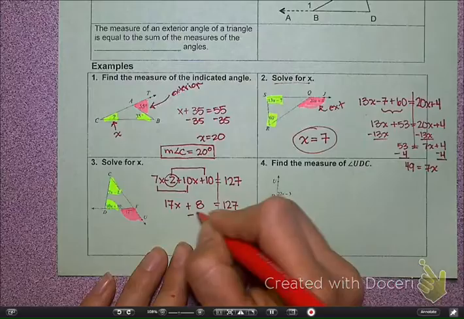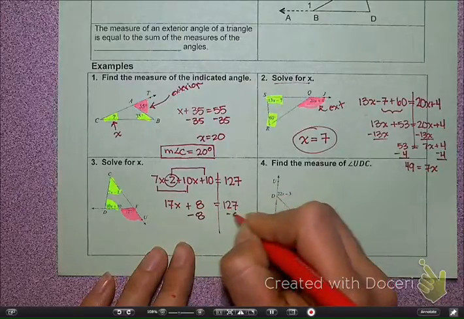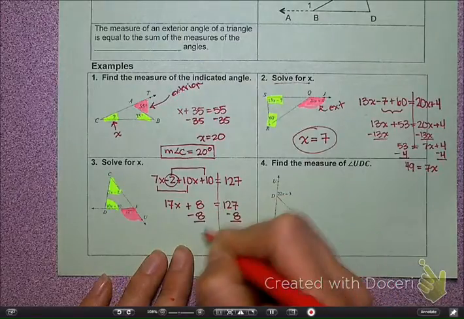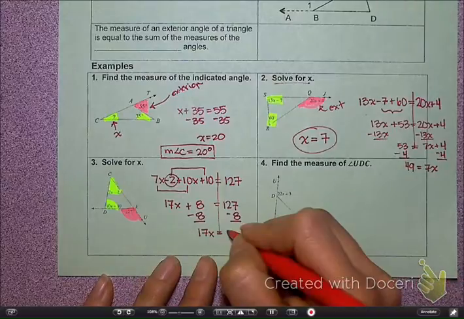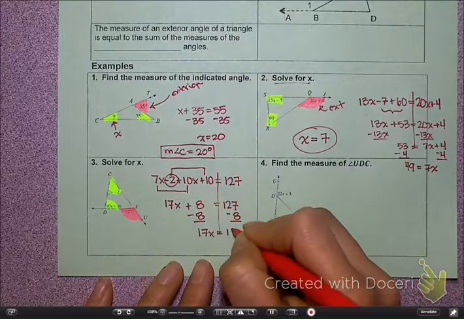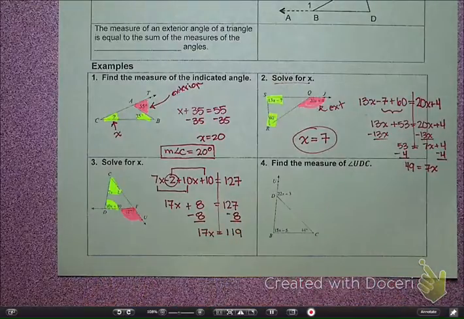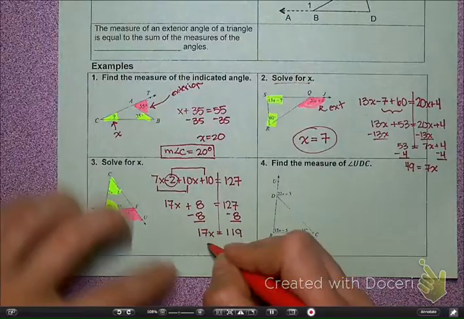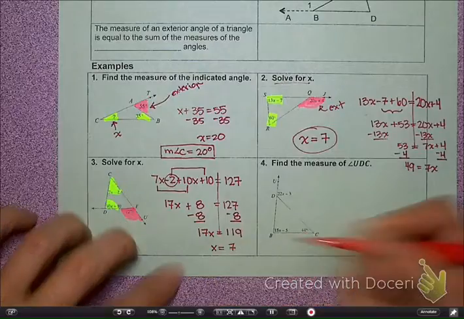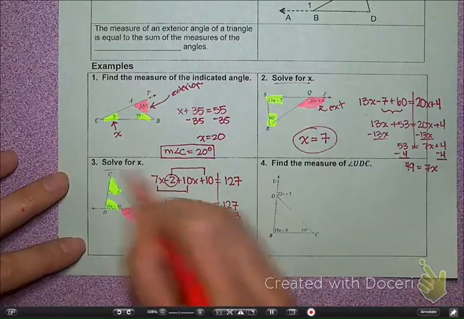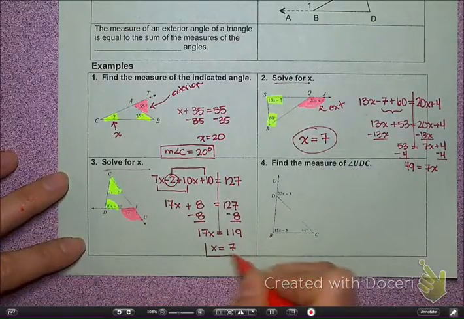So we're going to subtract. Does that make 119? Yeah. Okay. Did anyone divide yet? Okay, what'd you guys get? 7? Okay. All right. Now, have I answered the question? Yes. Yeah, so this is your final answer.